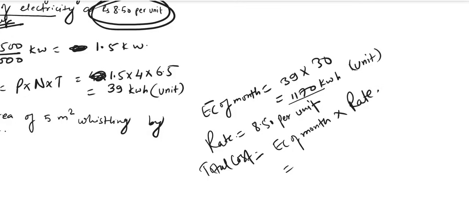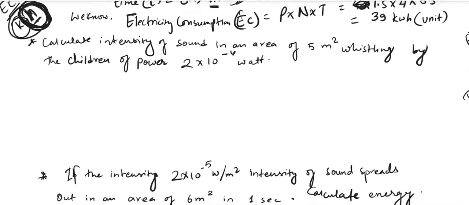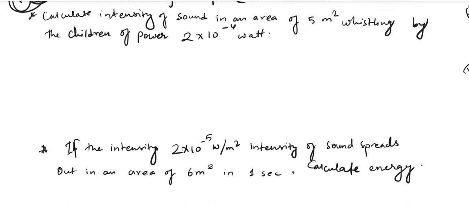EC of month is 1170 into rate 8.50. The answer will be 9945 rupees. Like this way we will get the answer. So it's easy, right? Next question.